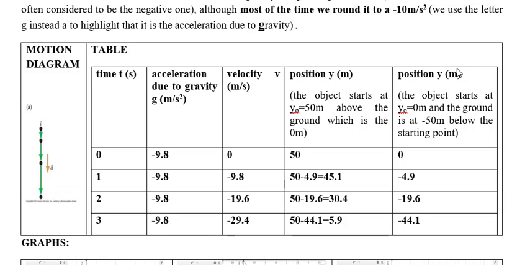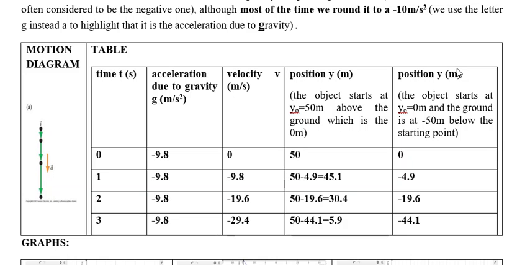I'm starting with the second case, considering that the ground is at zero and the initial position is positive 50 meters. In this case, we need to subtract from the position. The position gets less and less until it reaches the ground.